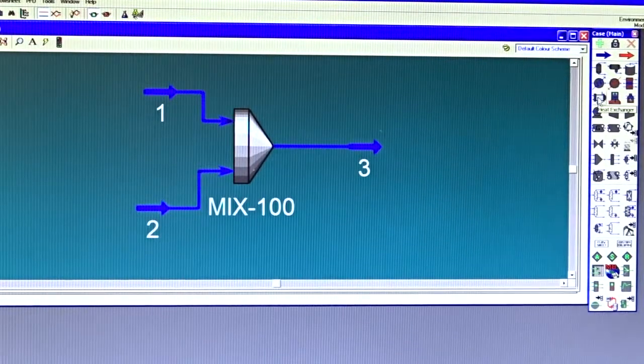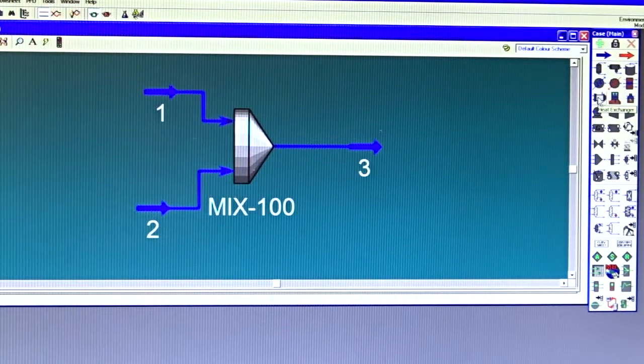Or I can use a heat exchanger in HYSYS, for which the utility side has to be known and the process side has to be known. Process side is the inlet temperatures and pressures of the feed streams for the process, which are 73 and 1200 degrees Fahrenheit.